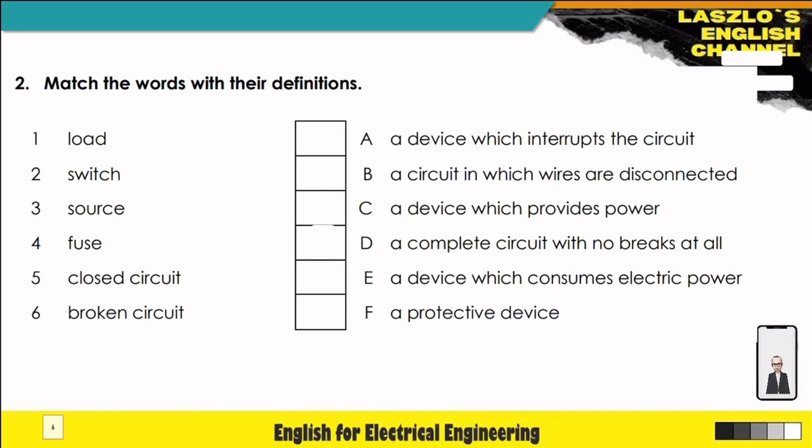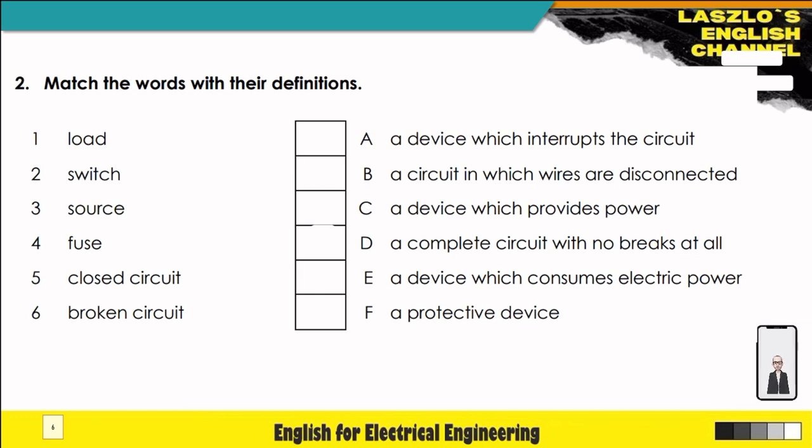Right. Matching the words with their definitions is our next task. Here on the left you have got load, switch, source, fuse, closed circuit, and broken circuit, and the definitions on the right side. A, a device which interrupts the circuit. B, a circuit in which wires are disconnected. C, a device which provides power.